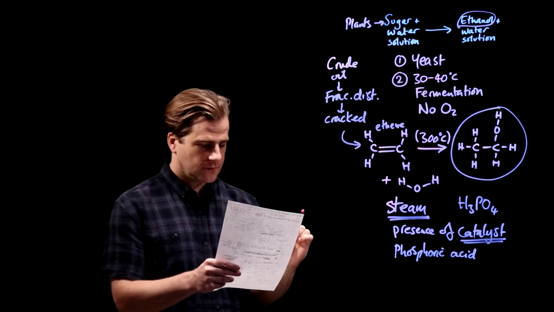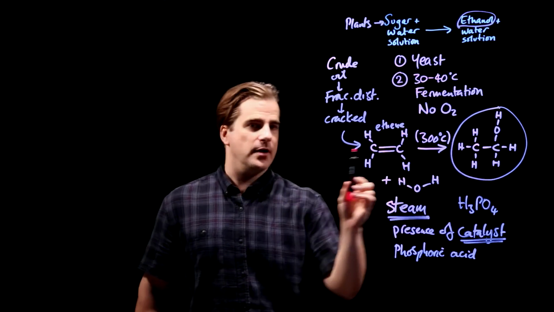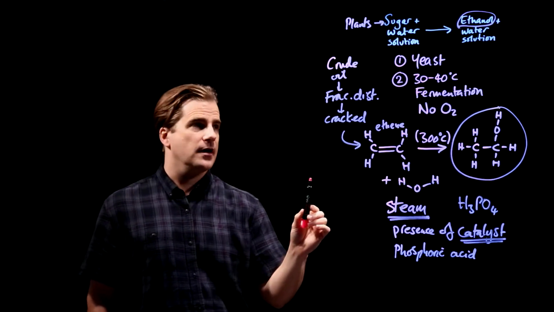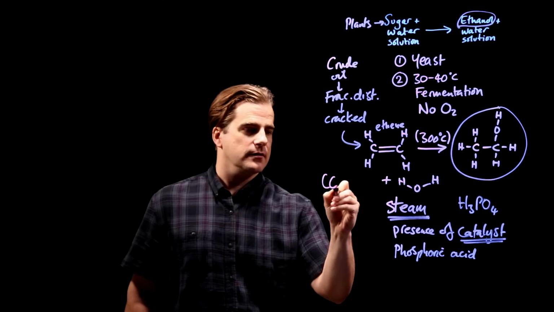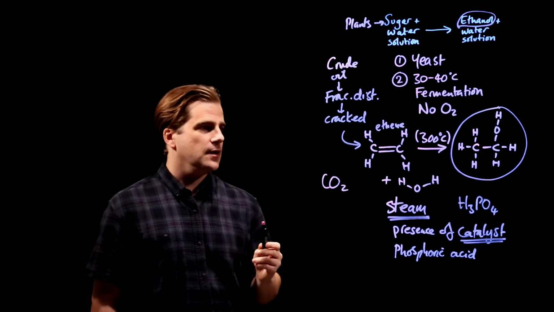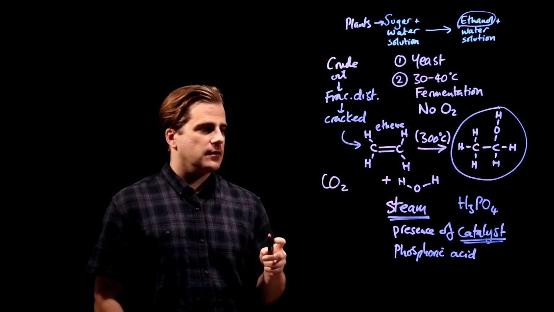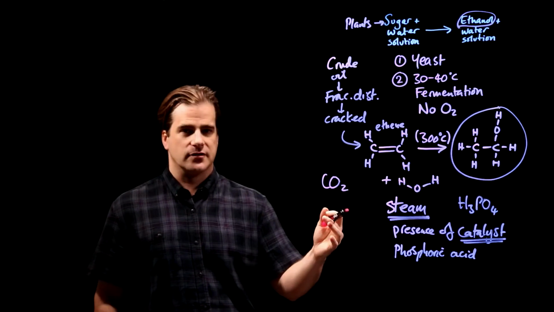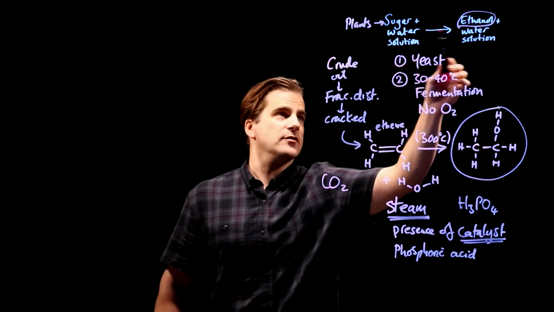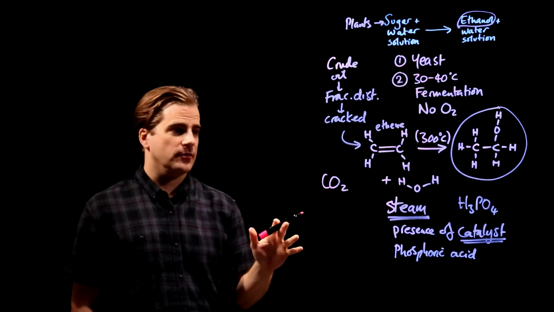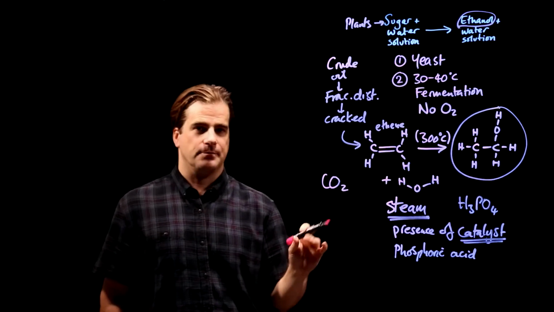Moreover, this process burns more fossil fuels and releases more CO2. Okay? And the explanation is that CO2 is a greenhouse gas and can lead to global warming, whereas the plant process releases less CO2. Okay.